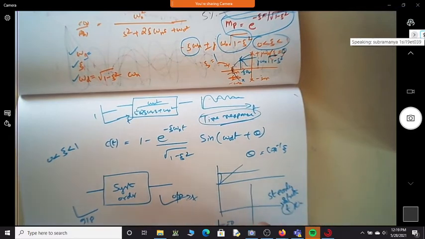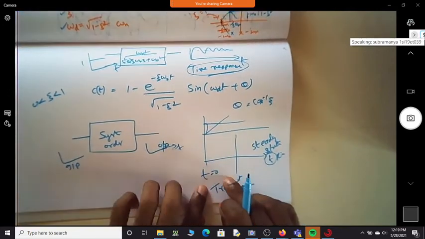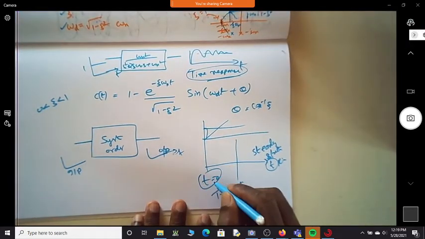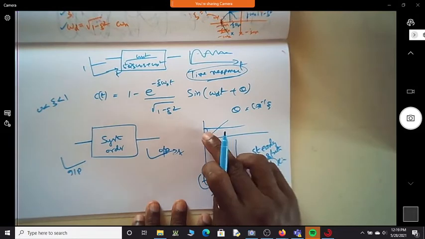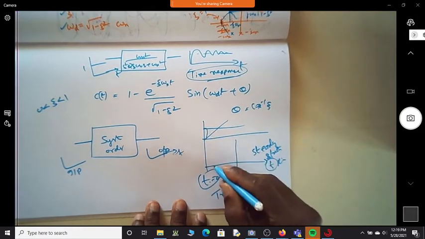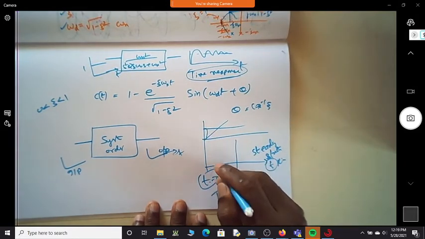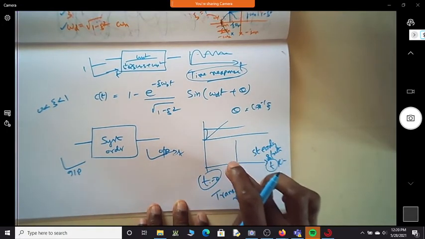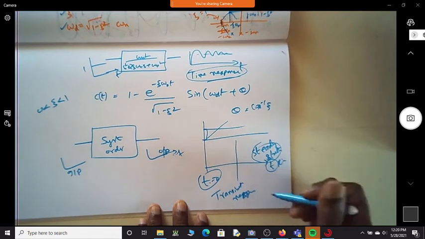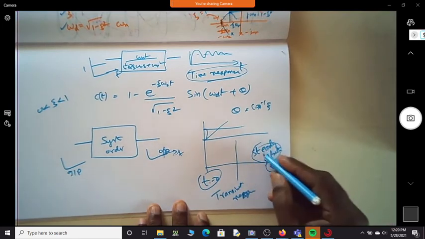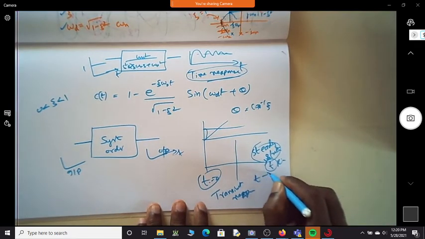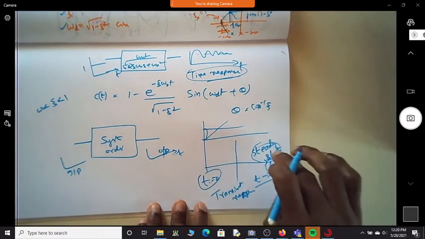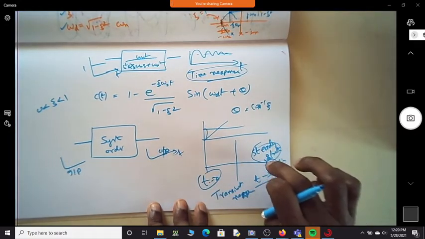The transient response is valid from t equal to 0, at which you apply the signal. Initially, you will have some turbulence in the output response, and once it settles down, we have a steady state. Steady state is what final levels are attained as t tends to infinity.